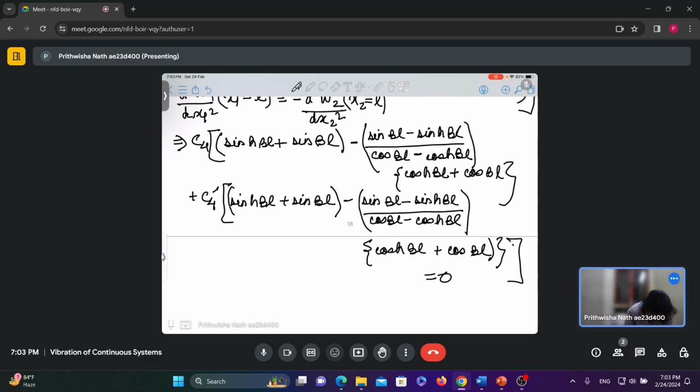Now, the determinant of the coefficients of C4 and C4 prime is identically 0. So we set the determinant of the coefficients to 0, which gives my frequency equation.